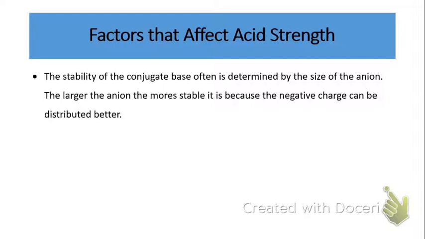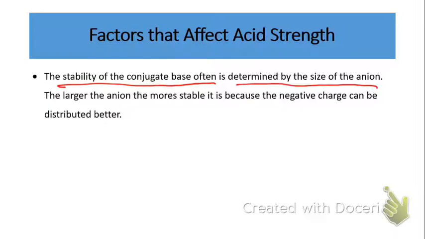All right, now the last factor we're going to look at is the stability of the conjugate base, and there are a lot of factors that go into the stability of the conjugate base, but essentially, the more stable the conjugate base is, the better the acid strength is going to be, more or less. So the stability of the conjugate base is determined by the size of the ion.